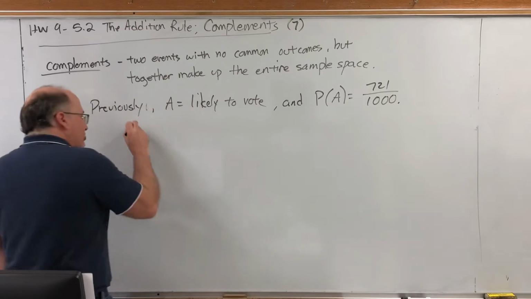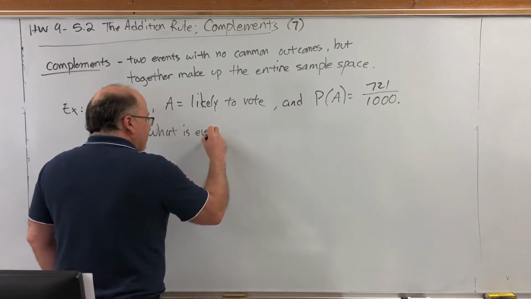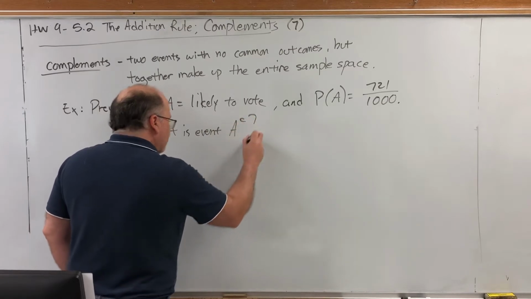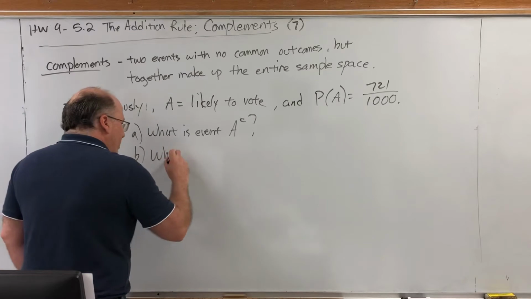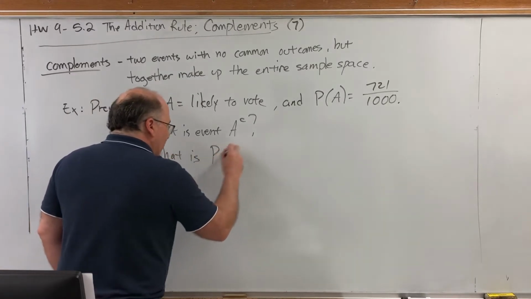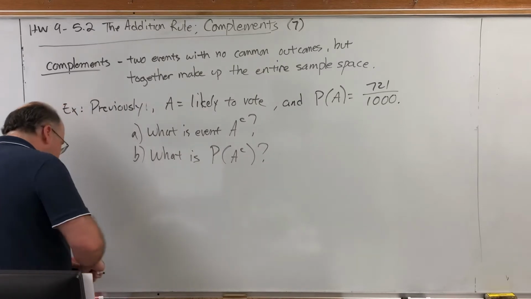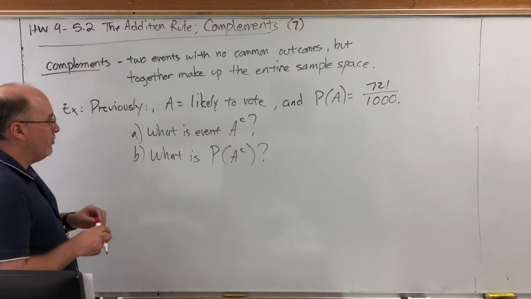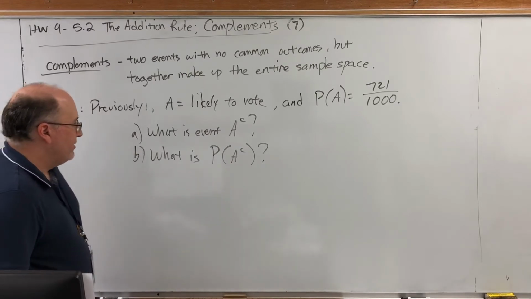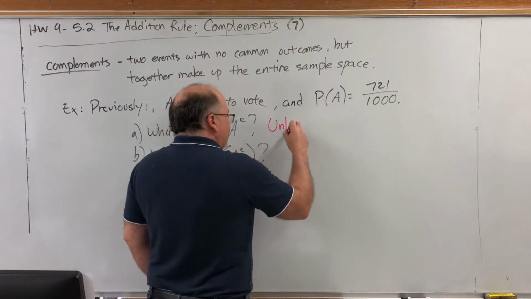So two questions. What is event A complement? And what is the probability of the event A complement? Well, the answer to the first question is easy. If event A is all the people who are likely to vote, then A complement is the people that are unlikely to vote.